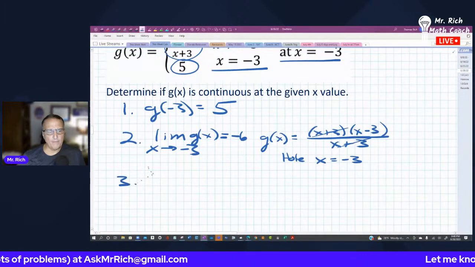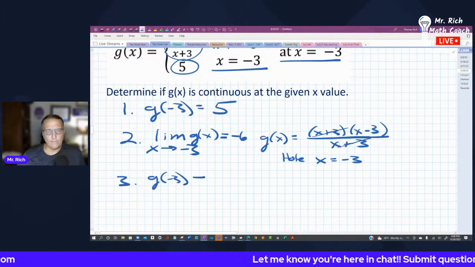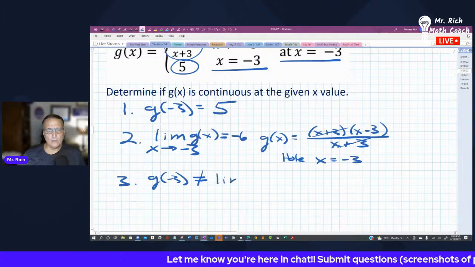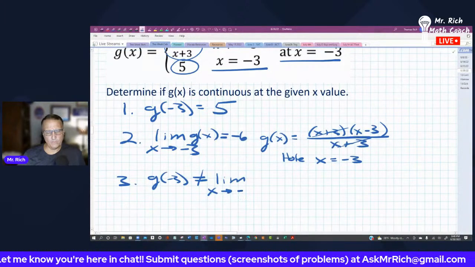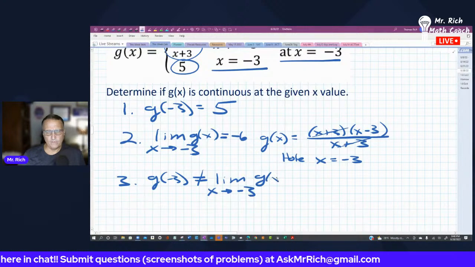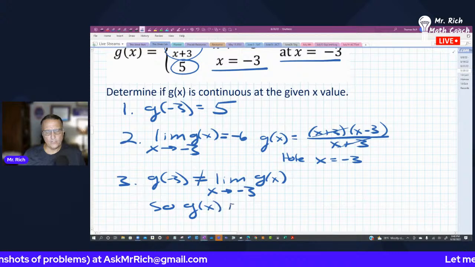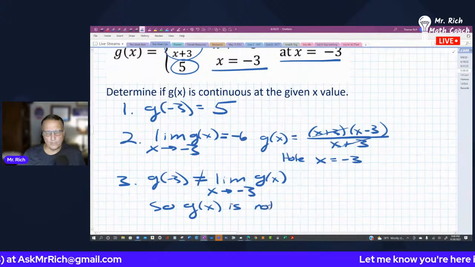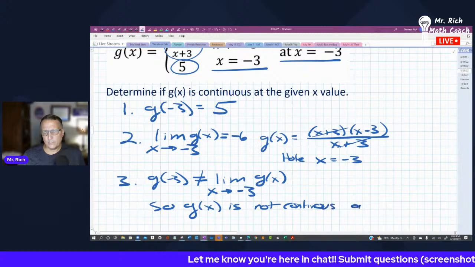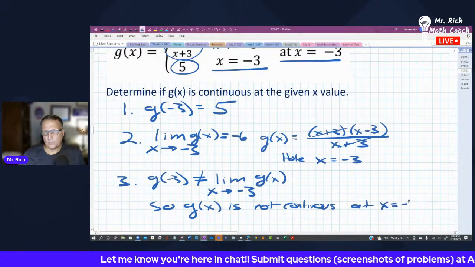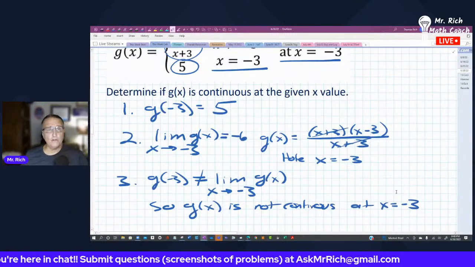But the problem is that g of -3 is not equal to the limit as x approaches -3 of g of x. So I can say that g of x is not continuous at x equals -3 because it does fail condition number 3.